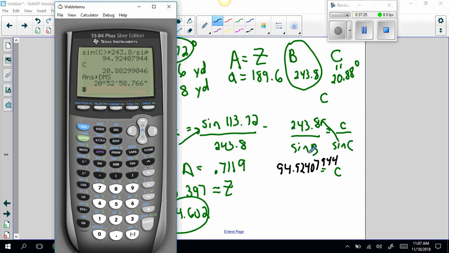So this would be 20 degrees, 53 minutes. So that's all I ever do is I roll my answers. At the end, I go degrees, minutes, seconds. And once again, if this number is over 30, you round up. If it's under 30, you keep the number. Since 58 is over 30, go with 53.